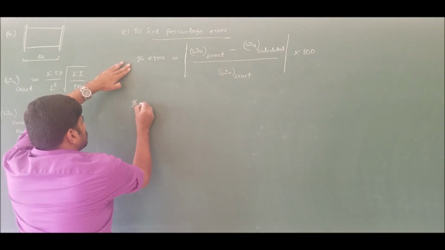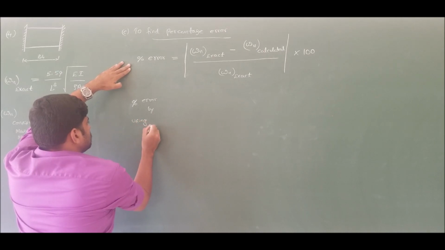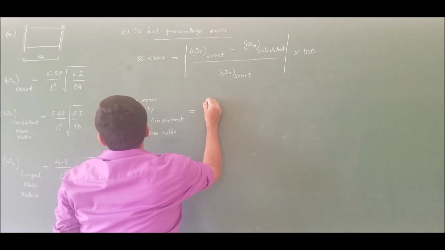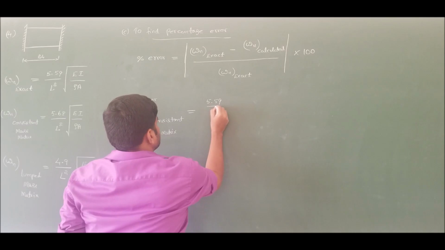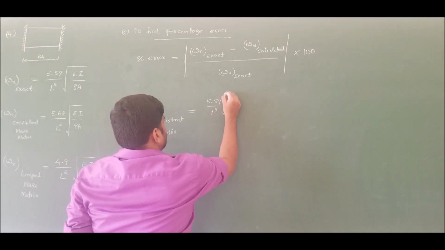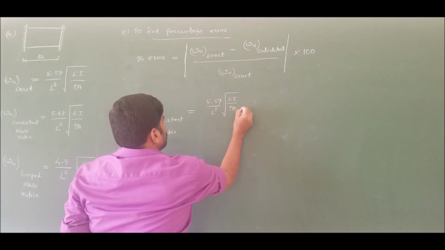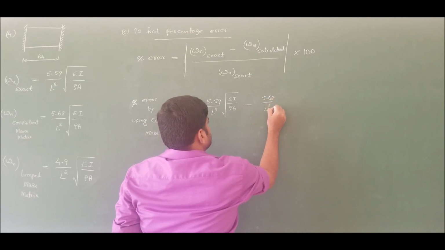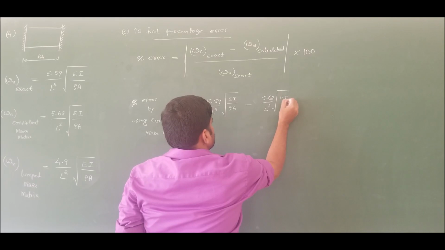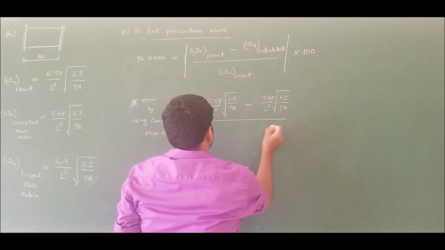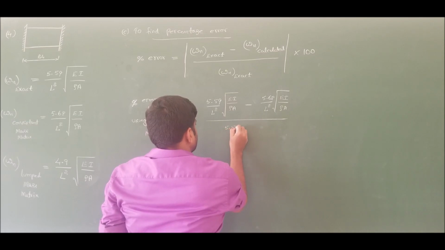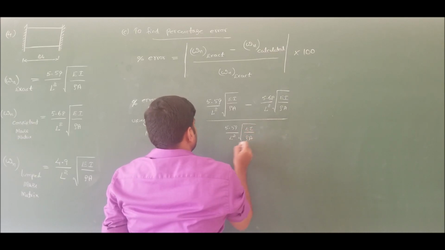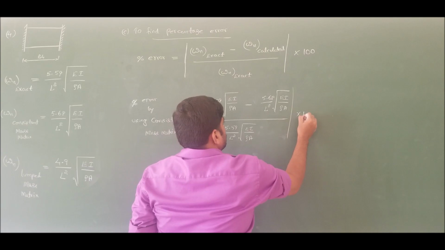The percentage error using consistent mass matrix for analysis is equal to the exact value, 5.59 by L square root of EI by rho A, minus the calculated value, 5.68 by L square root of EI by rho A, whole divided by the exact value, 5.59 by L square root of EI by rho A. This modulus multiplied by 100.